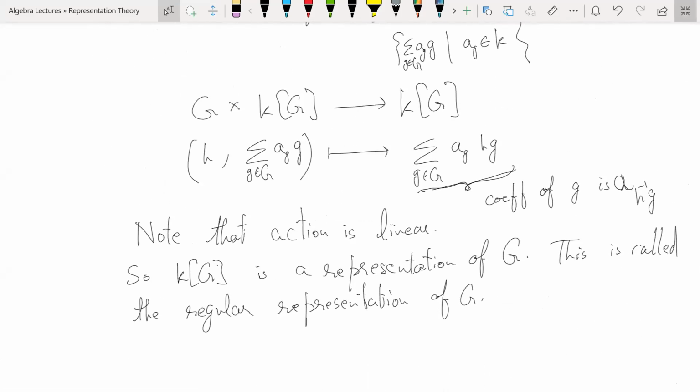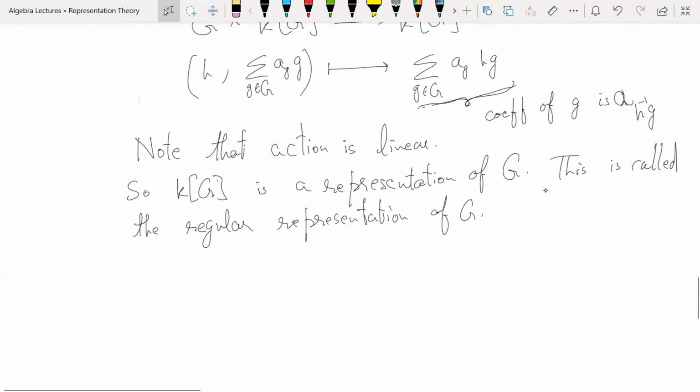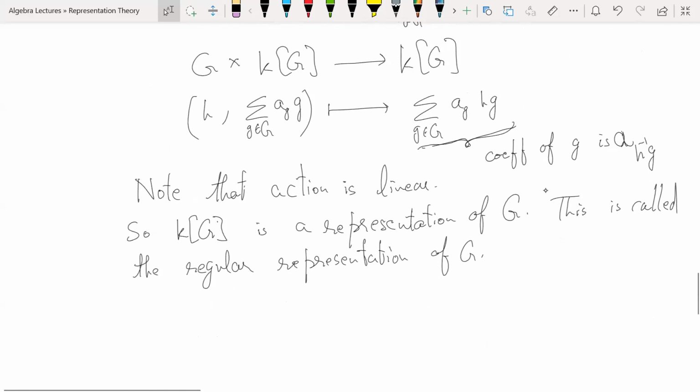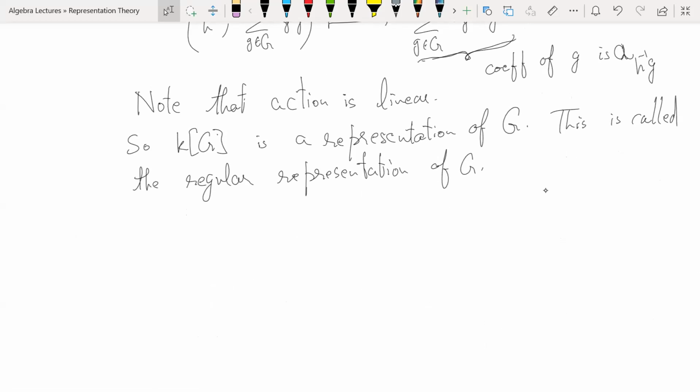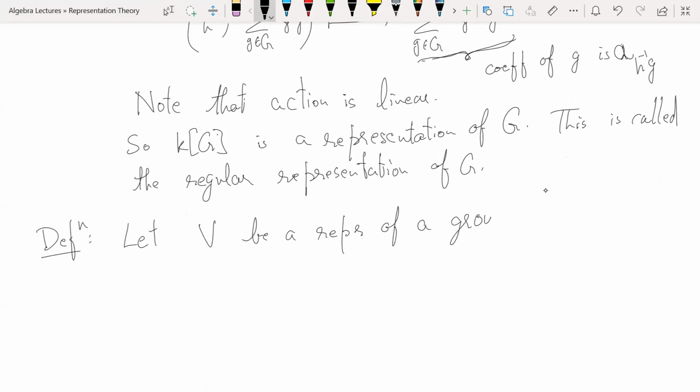So we still have two to three minutes. I haven't really talked about subrepresentations, so maybe I'll define subrepresentation and then tell you why the trivial representation sits there. So, definition: let V be a representation of a group G. If I don't say, you always assume a finite group.